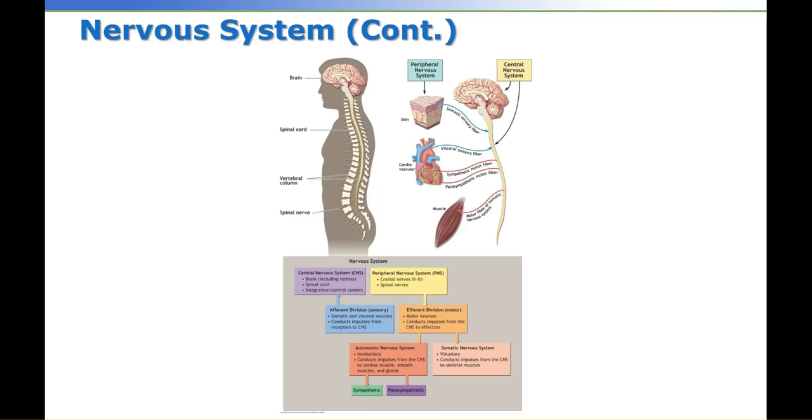Peripheral nervous system includes the cranial nerves 3 to 12, and the spinal nerves, and that deals with the efferent division or the motor neurons that conduct impulses from the CNS to the effectors.